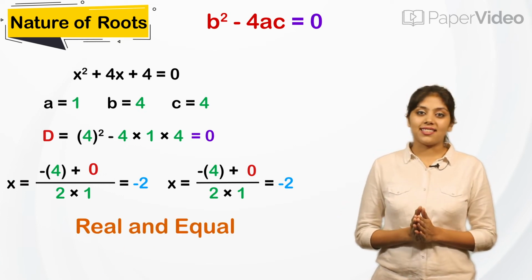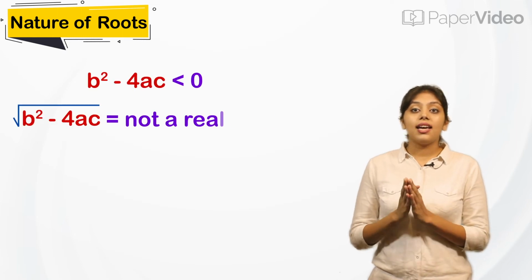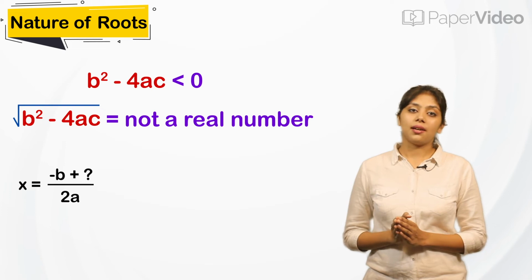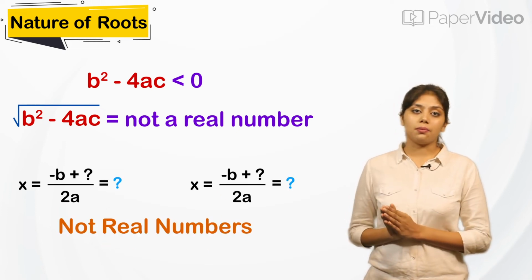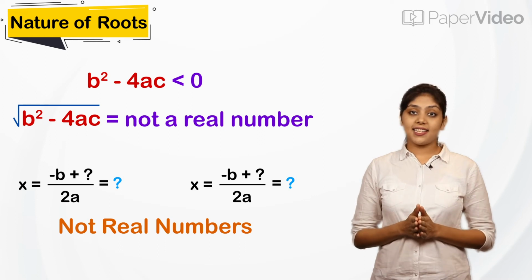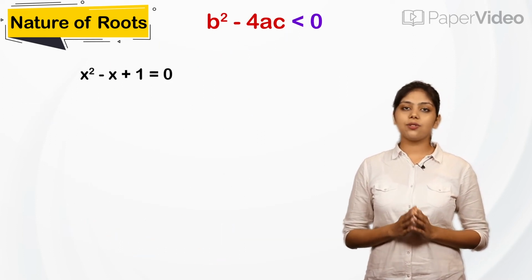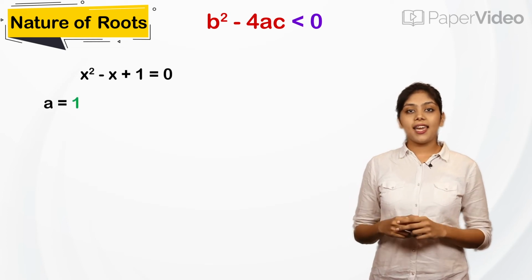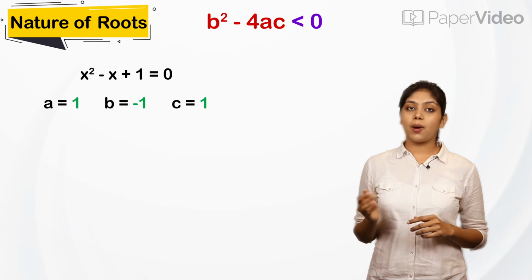In the third case, if the value of discriminant is less than 0, then its square root will not be a real number. Thus, the value of x will not be real numbers. Let's consider an example. x square minus x plus 1 equal to 0. Here, a is 1, b is negative 1 and c is 1.